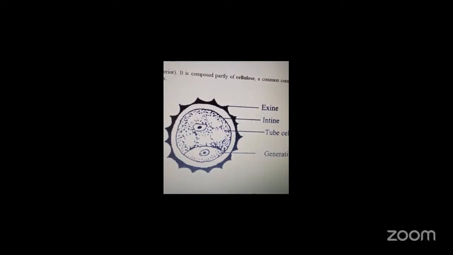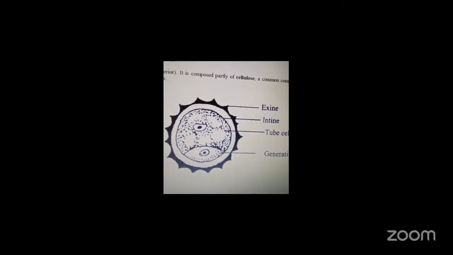Often the exine has folds, creases, and spikes rising from its surface. See here in the picture I shared, they have some spine-like structures, appendages, spikes, ornamentation present.